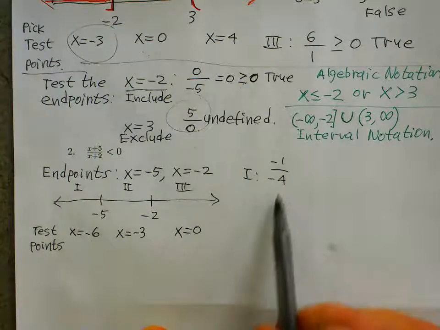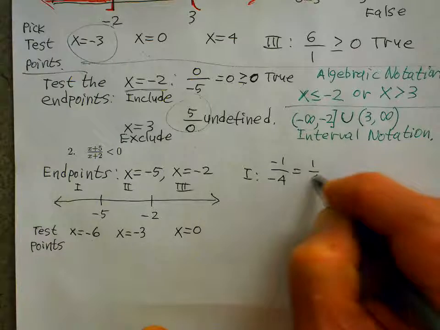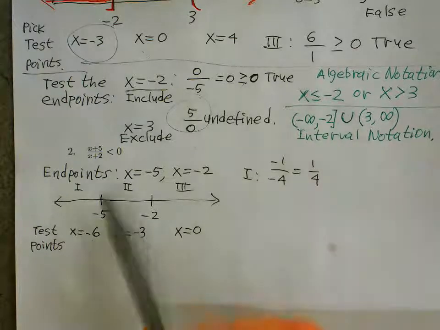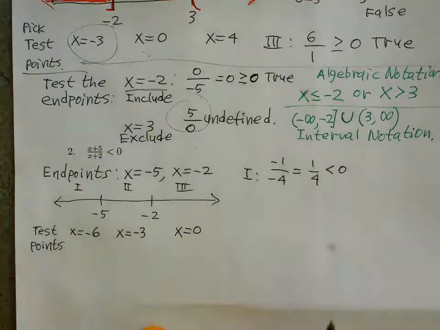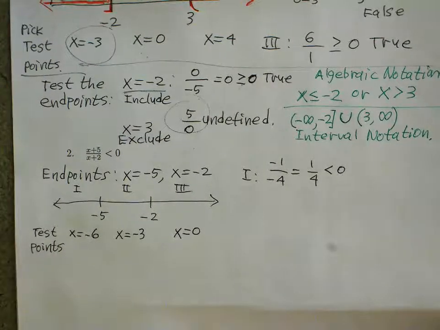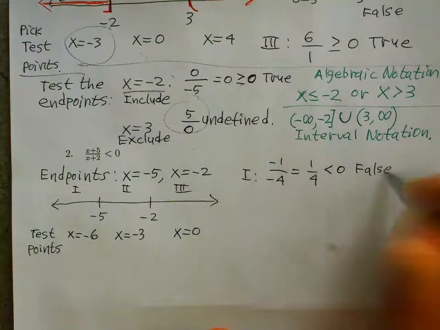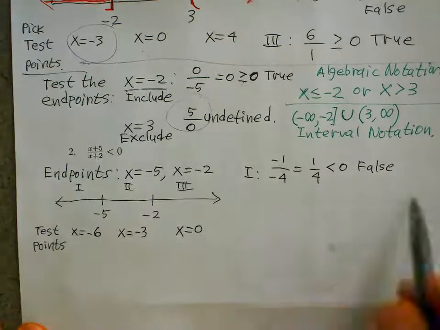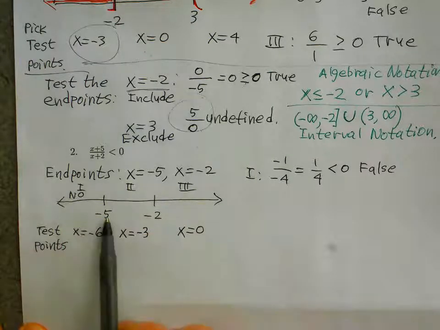We'll simplify this. -1 divided by -4 is +1/4. The inequality is less than 0. 1/4 less than 0 is false. So that means none of the numbers from -infinity to -5 are solutions.